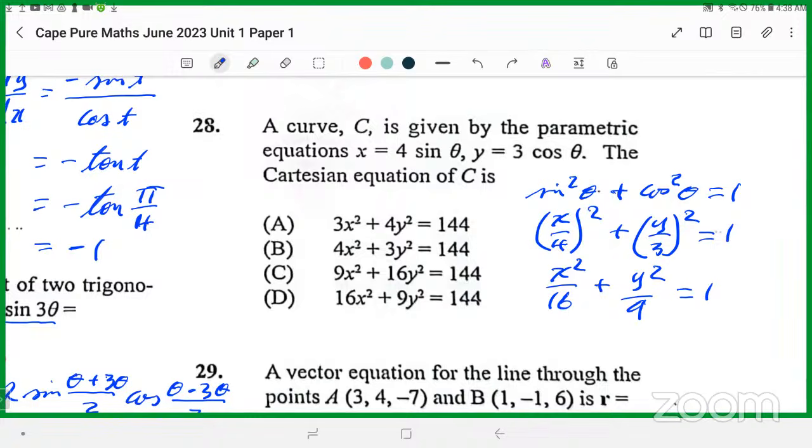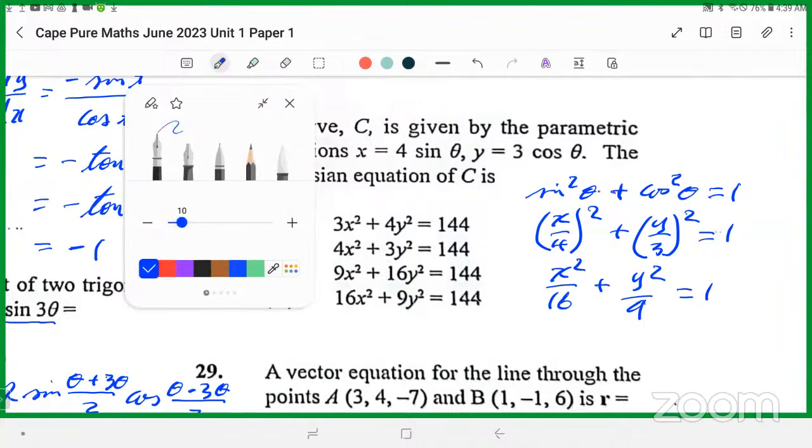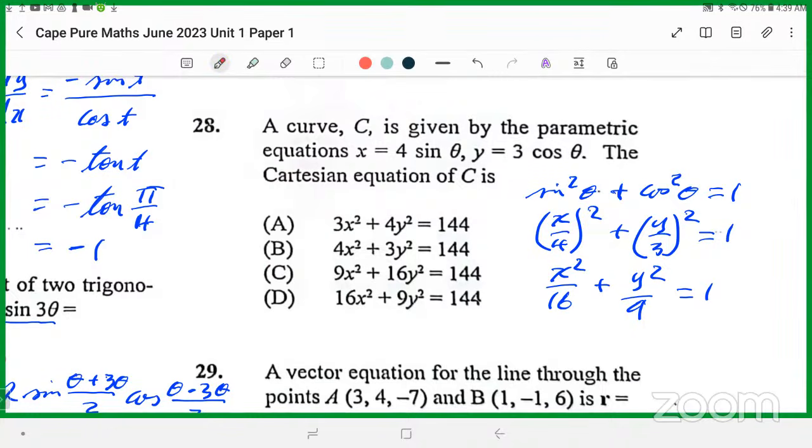Yes, it is 144, because 16 times 9 is the same as 4 times 4 times 3 times 3, which is 12 times 12, right? So it's 144. Good. So I'm going to multiply 2 by 16 times 9.